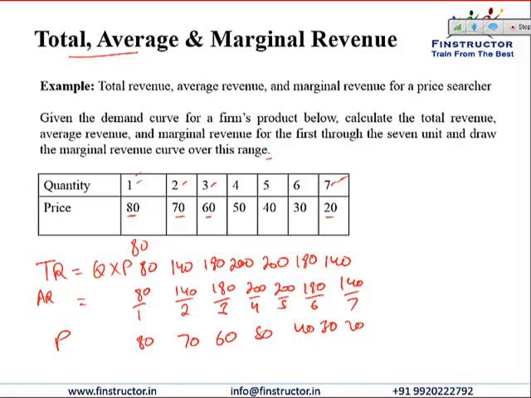A very interesting concept is that of the marginal revenue. So this is the incremental total revenue, or just the incremental revenue from the sale of one additional product.